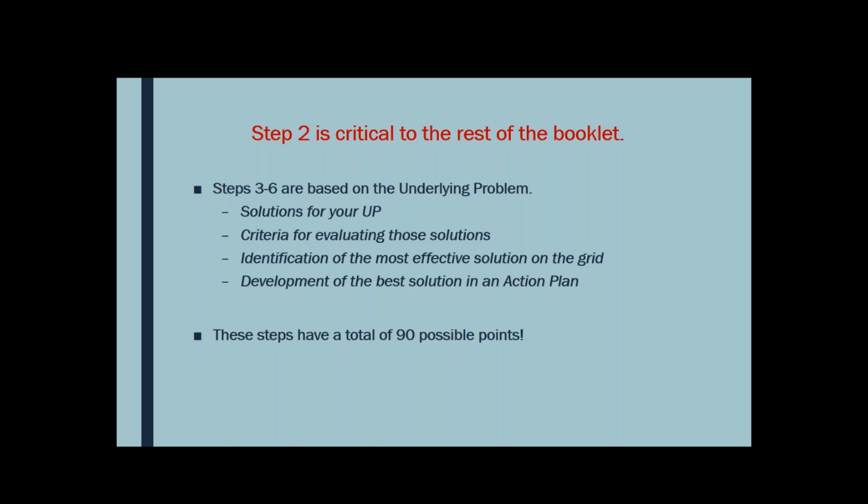The identification of the most effective solution that you find on your grid is related to your UP, and the development of the action plan is also going to be solving that UP. Those steps I just mentioned have a total of 90 possible points. So if that UP is not written well and doesn't get a high score, it's going to affect everything else in the booklet.